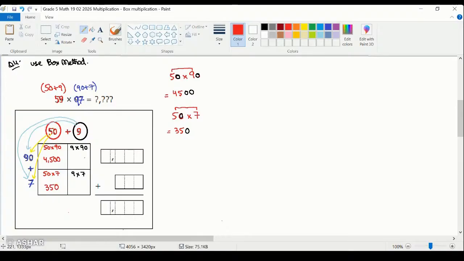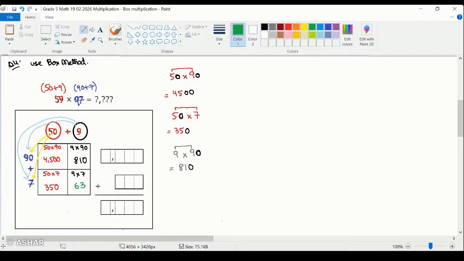The next one is 9 multiplied by 90. 9 multiplied by 9 was 81. There was 1 zero, we simply put 1 zero. It comes out to be 810. And for the last one, 9 multiplied by 7 is 63.